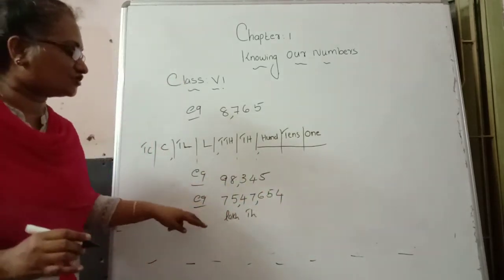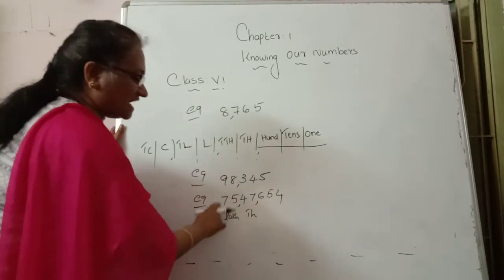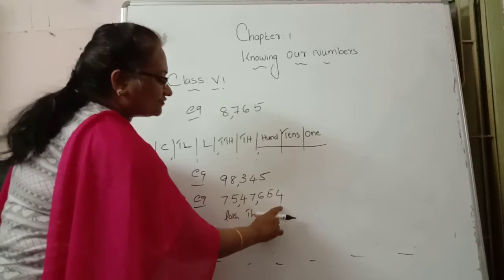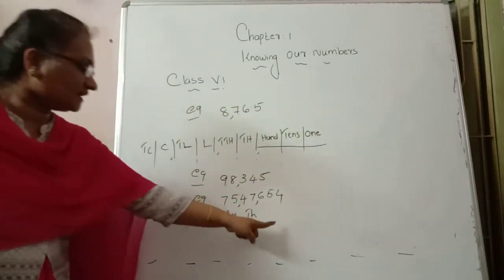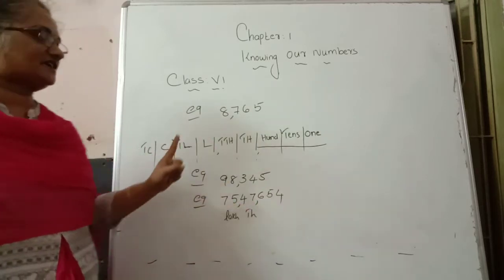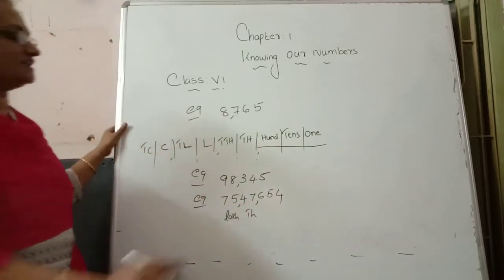So the given number is 75 lakh 47,654. I hope you can understand how to read lakh numbers.